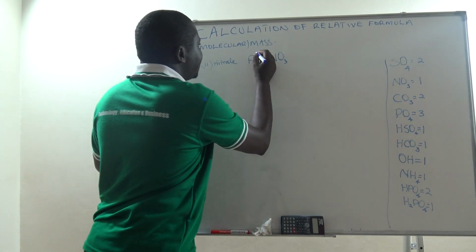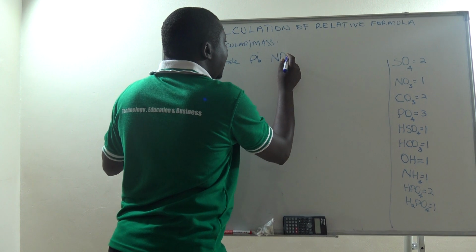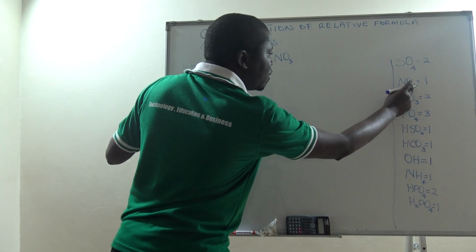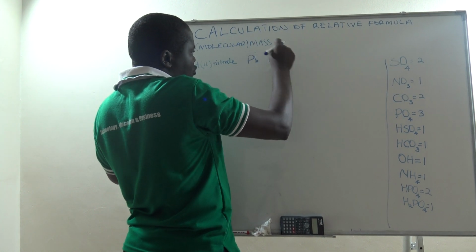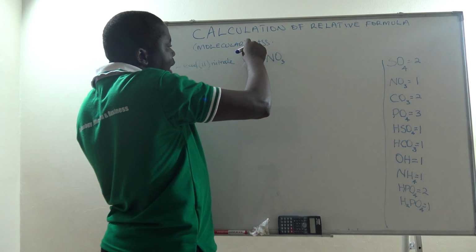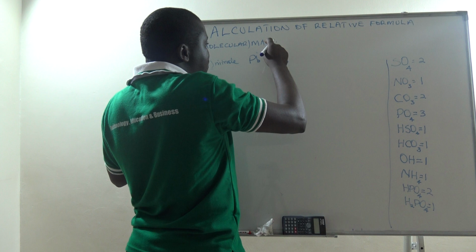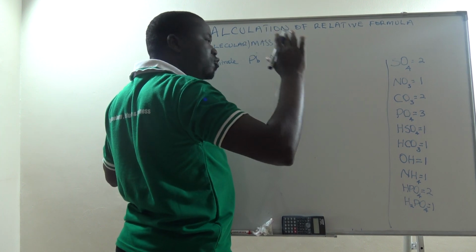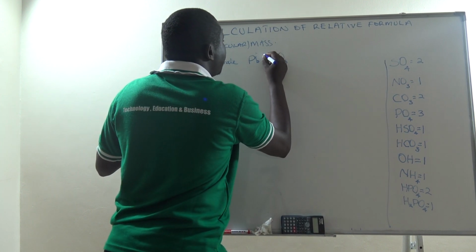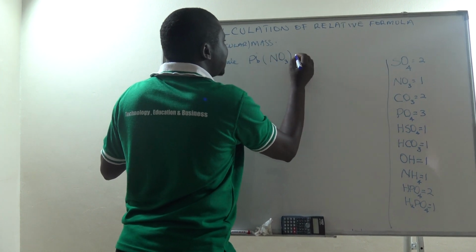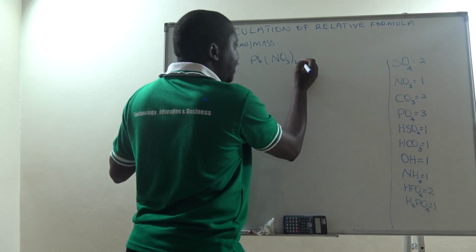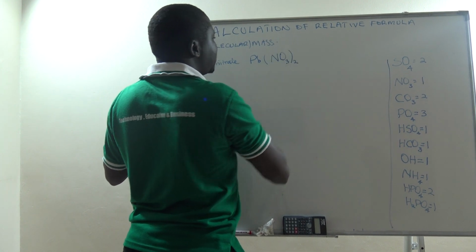Lead in this case has a valency of 2 and nitrate has a valency of 1. So this 1 will come here and this 2 will go there. Where the base number is more than 1, that is from 2 onwards, we put the radical in a bracket and place the base number outside the bracket. So this is the formula of lead 2 nitrate.